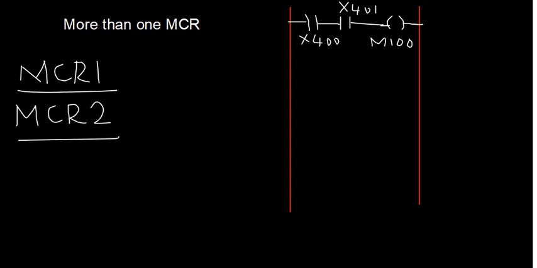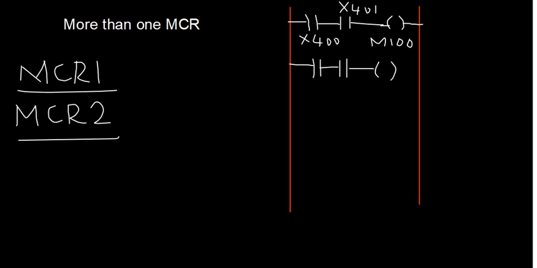All these things are represented by the name starting from M. So now let us say that when both X400 and 401 activate, you are activating M100, that is the master control relay 1. So now let us go to the next rung here, wherein again you have got two more inputs.